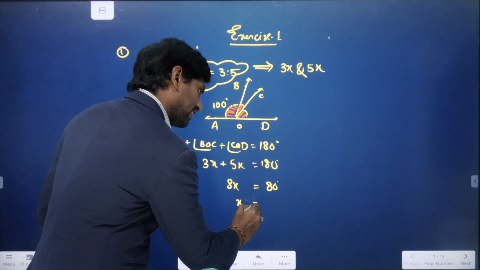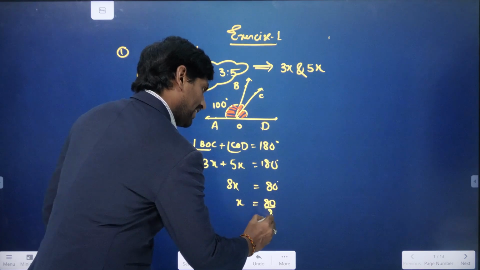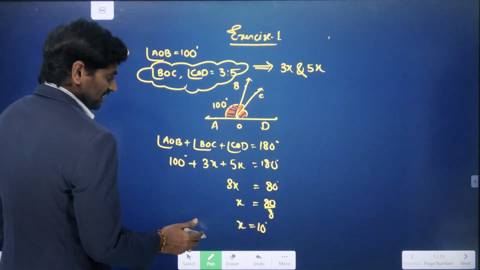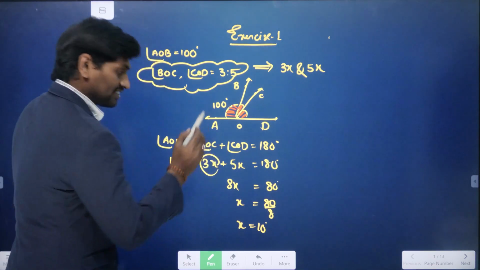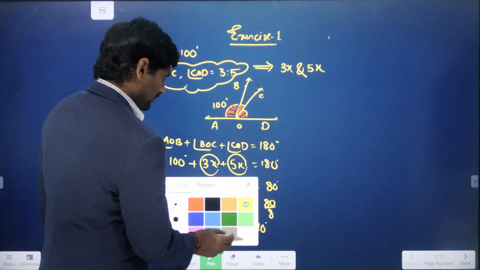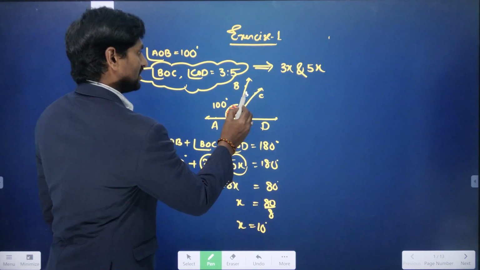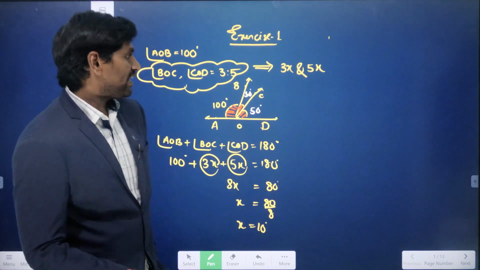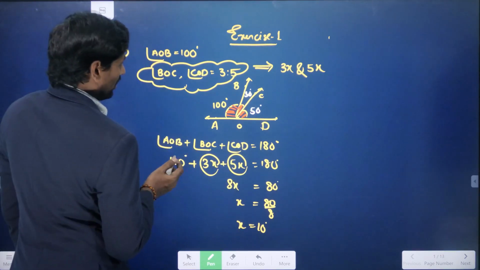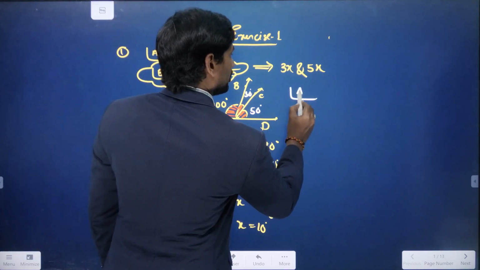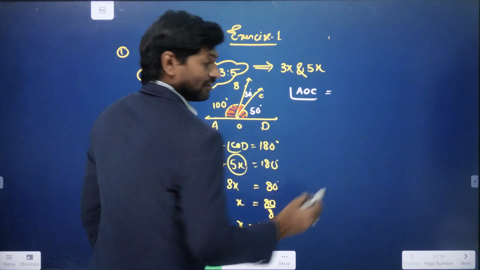So let us find the x value. x is 10 degrees. So 3x is 30 degrees and 5x is 50 degrees. But what we actually need to find is angle AOC.